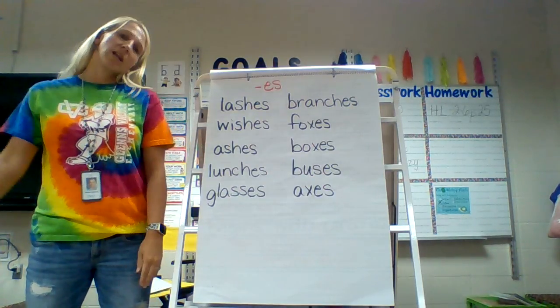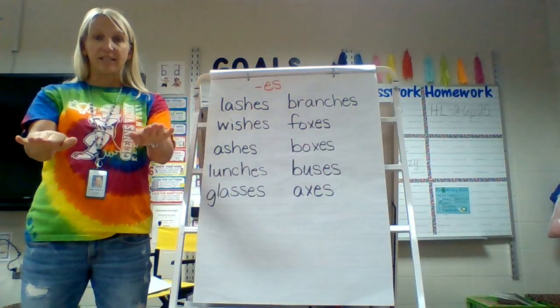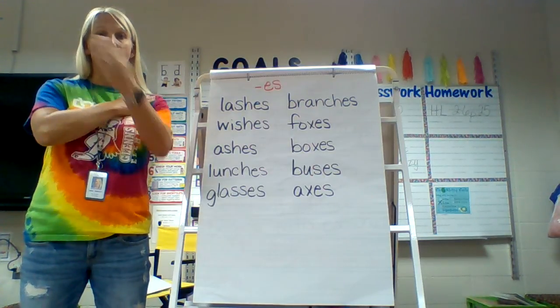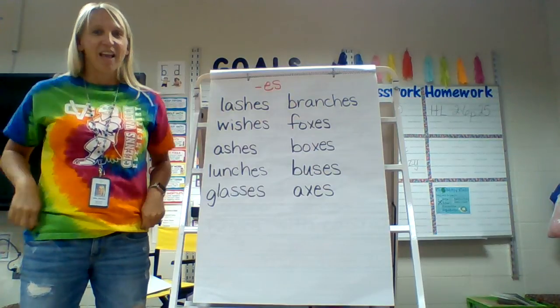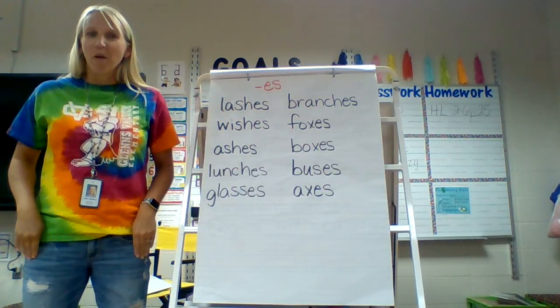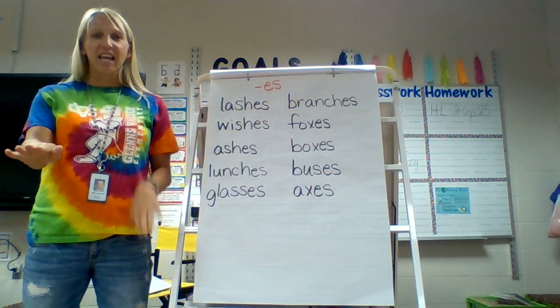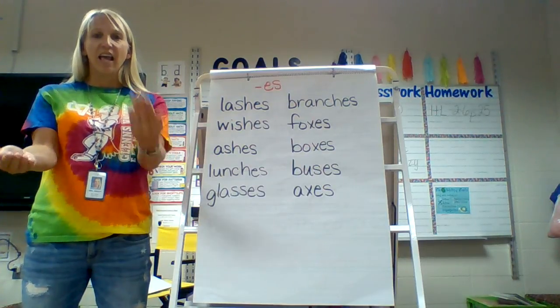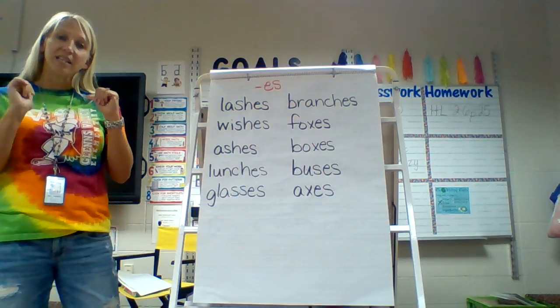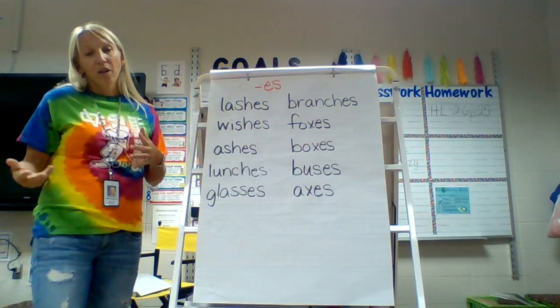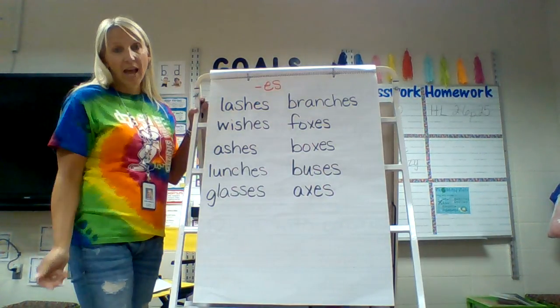If a word ends in ch, sh, s, x, or z, add es and you'll please me. Okay, say it with me. If a word ends in ch, sh, s, x, or z, add es and you'll please me. So that's how we know when we add es.